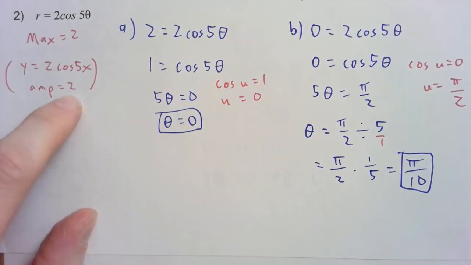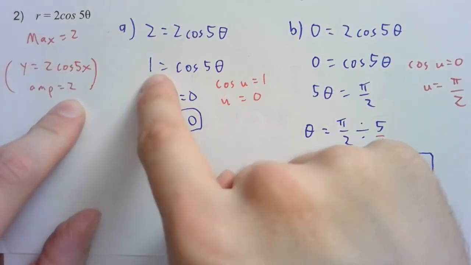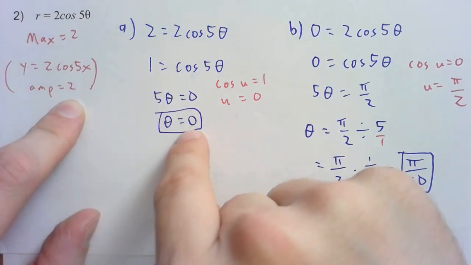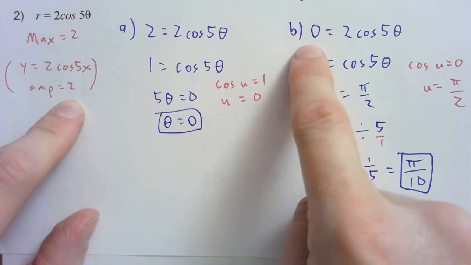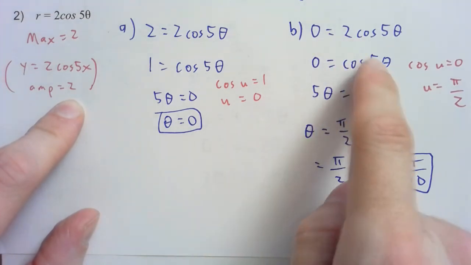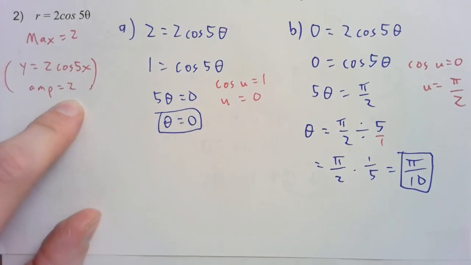The amplitude would have been 2 if we thought about it as a function. So that's our maximum r value. So we wanted cosine to be 1. That's when theta is 0. Then for part B, at the origin means that r is 0. When is cosine 0? That's pi over 2 divided by 5. We get pi over 10.